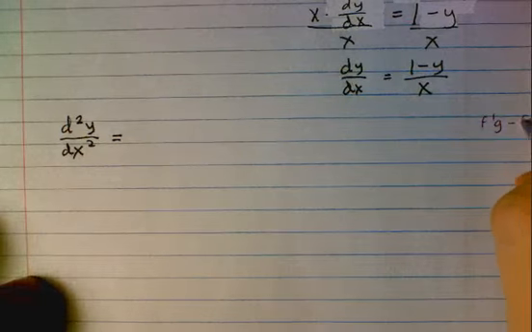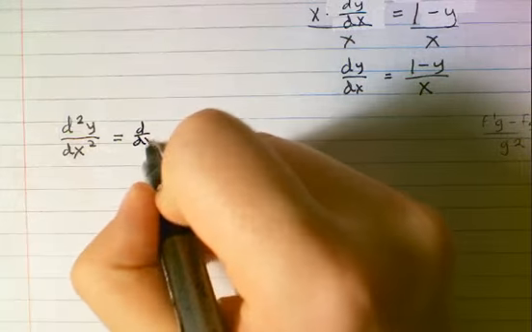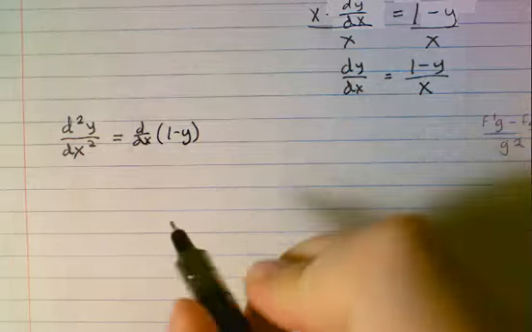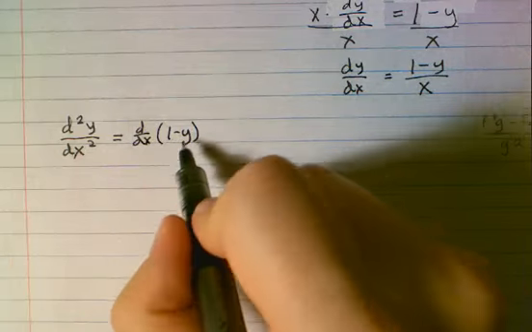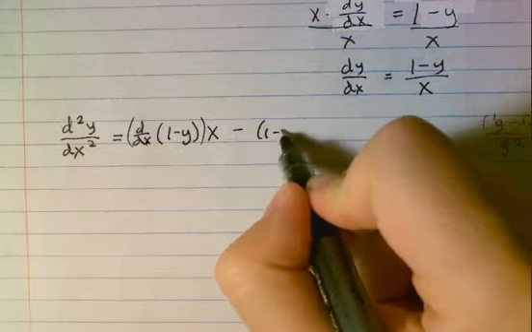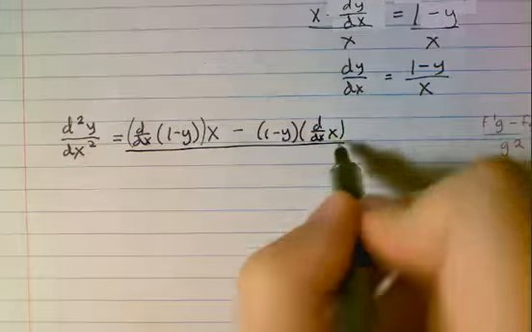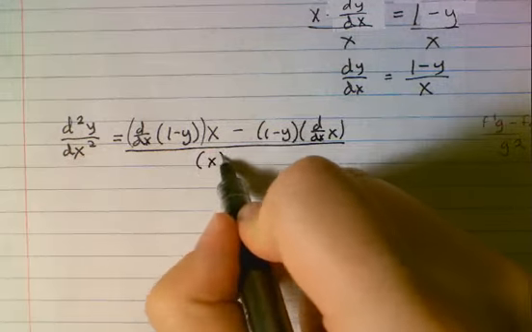f prime g minus f g prime over g squared. So let's do the derivative of 1 minus y, and that's going to be multiplied times x, minus (1 minus y) times the derivative of x, all over x squared.